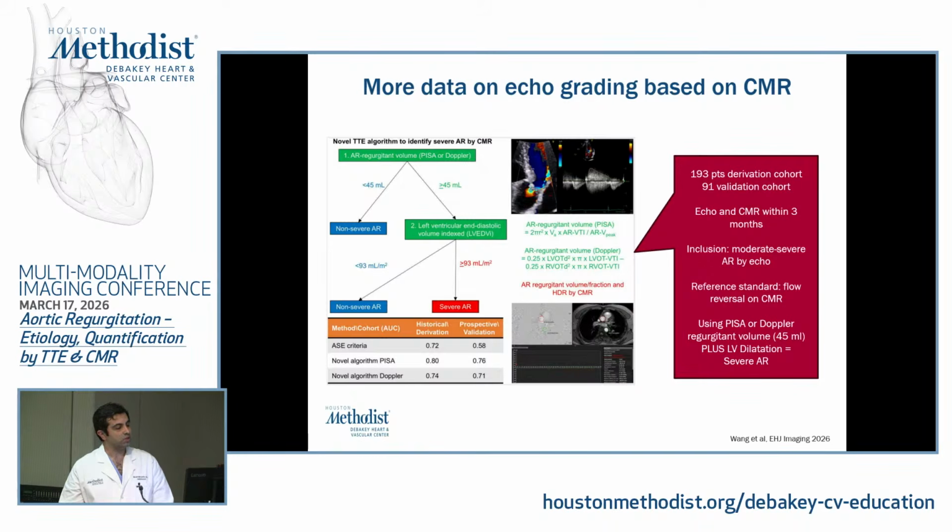And once you're in the mild dilation category, 80s or higher, it should really raise red flags. It doesn't mean that if you get 92, this is not severe. But I think we need to look at this more. Especially with serial studies, people can dilate more at the same degree of AR. You just have to follow them over time.